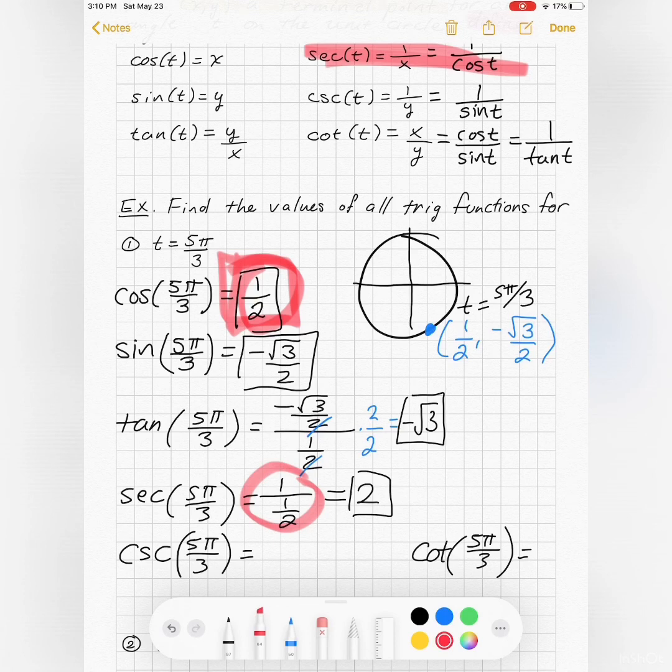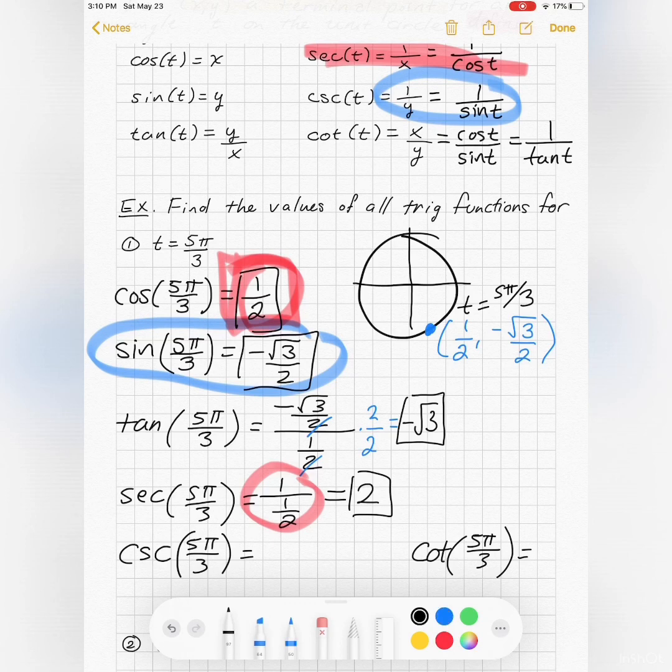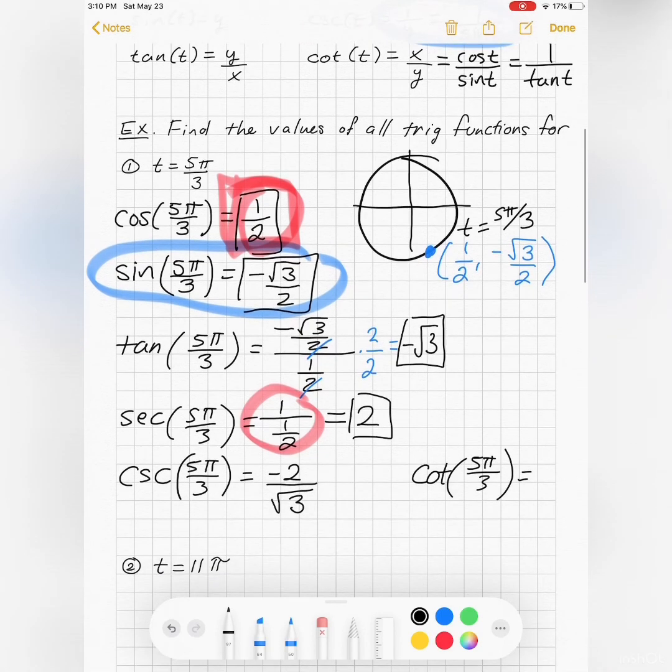Like when I'm looking at cosecant, cosecant's 1 over y, so 1 over sine, or in other words, the reciprocal of sine. So I could just flip that fraction. Now something like that, I have to rationalize the denominator.